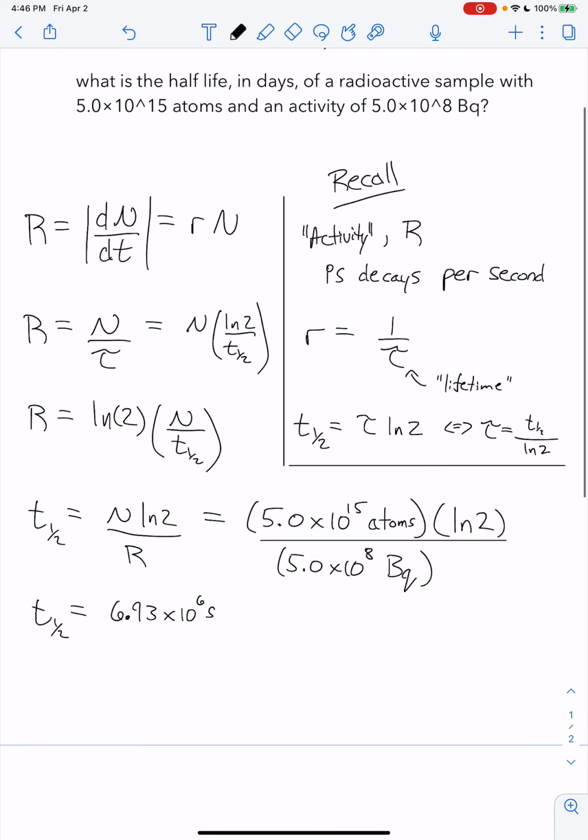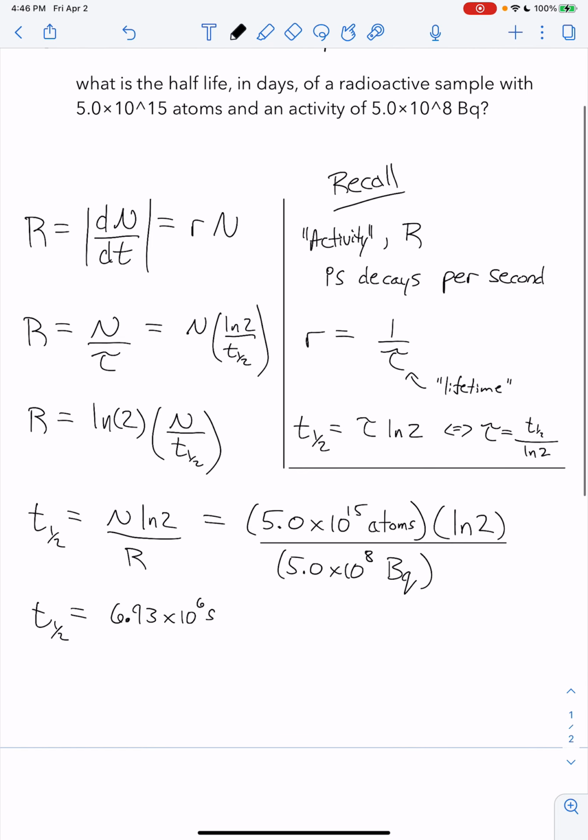But we might want to then convert that to days. We were asked to do so, but even if we weren't asked, this is kind of an awkward big number to conceptualize. So let's do some conversion. So we've got 1 minute is giving us 60 seconds. And we can go to an hour.